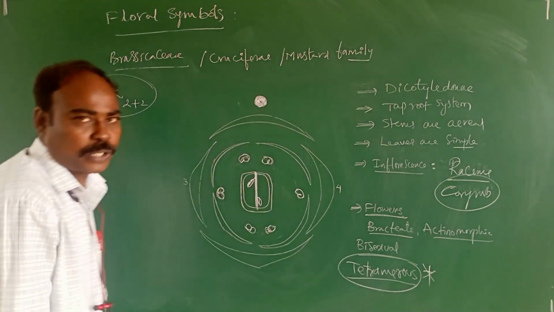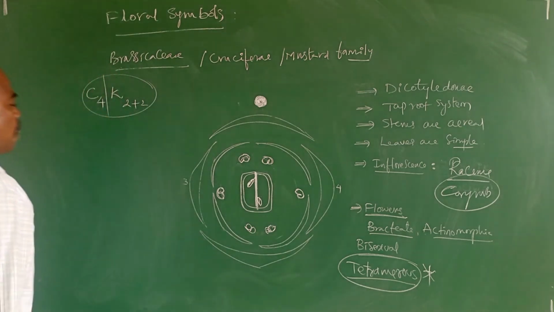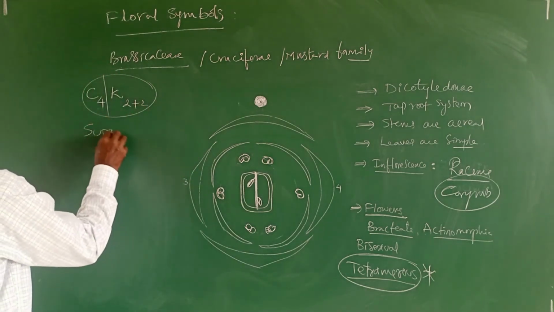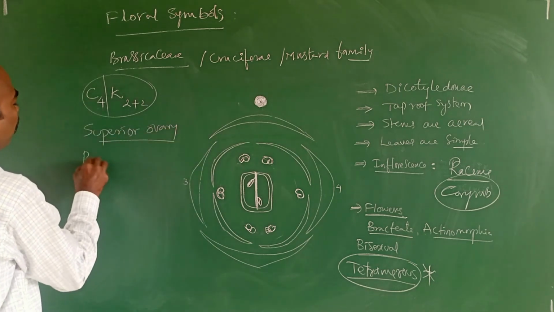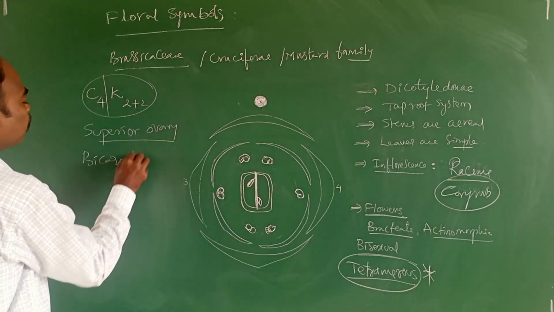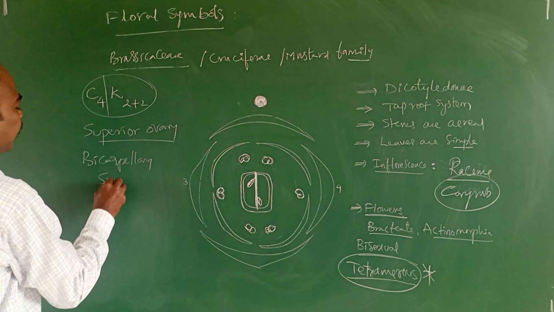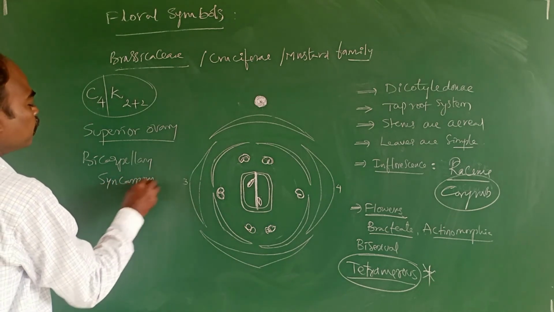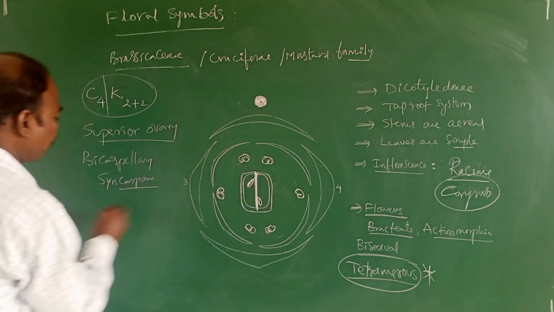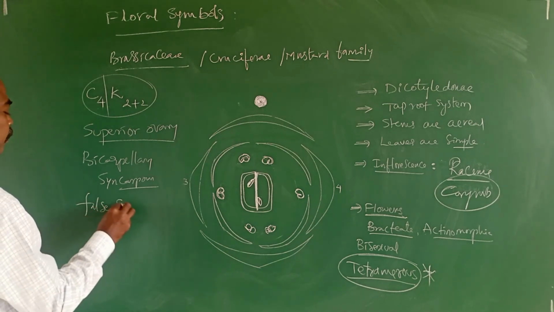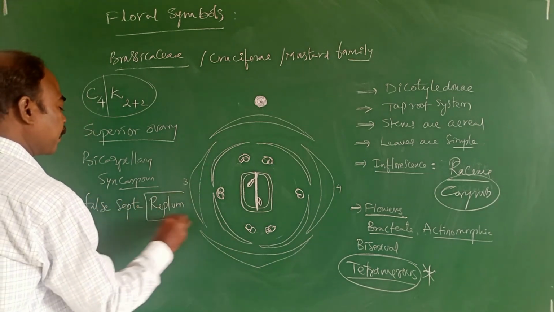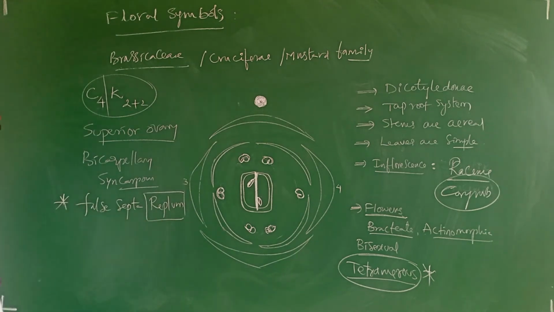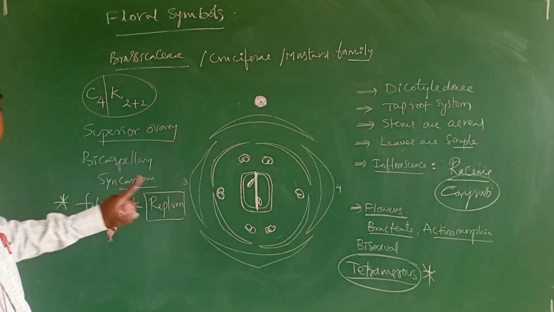This is a very important diagnostic feature of this family. Superior ovary, bicarpellary, syncarpous gynoecium with false septa. Replum is very important; with the false septa, the replum is formed.